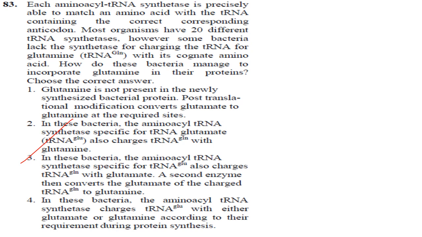How do these bacteria manage to incorporate glutamine in their proteins? In these bacteria, the amino acyl tRNA synthetase specific for tRNA glutamic acid also charges tRNA glutamine with glutamate. A second enzyme then converts the glutamate of the charged tRNA glutamine to glutamine. So the answer here is option 3.